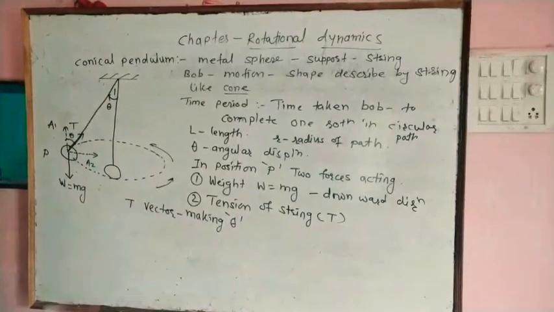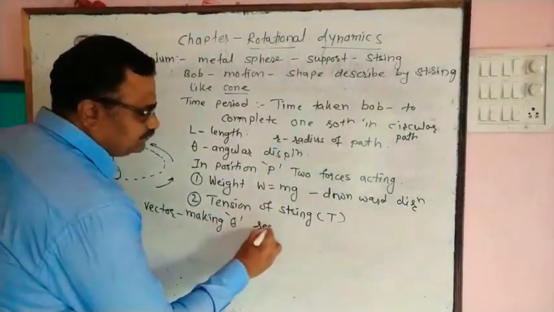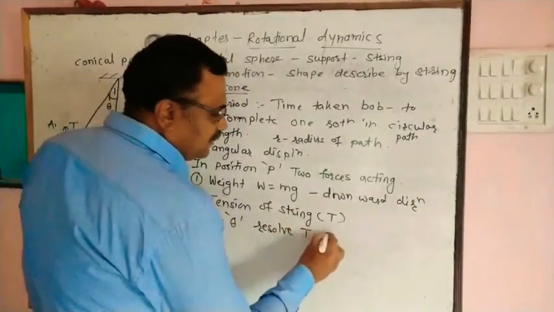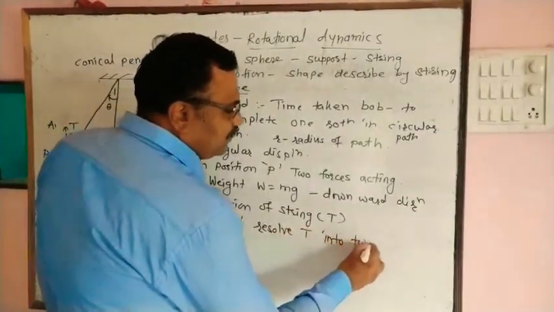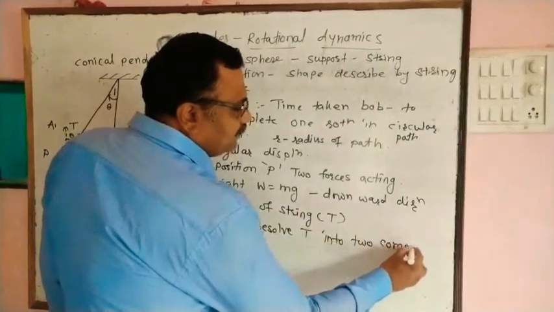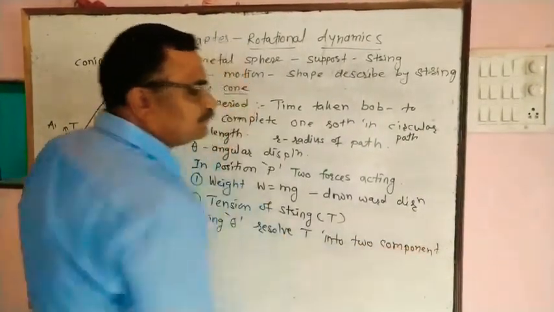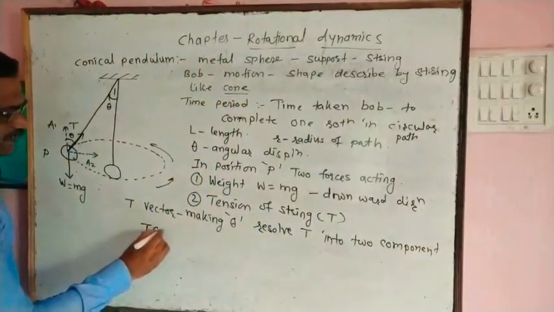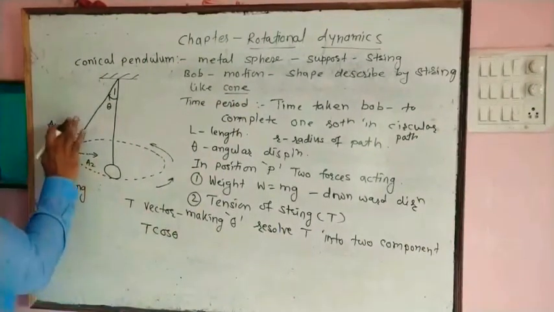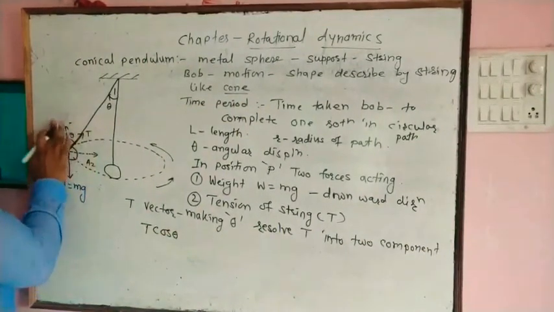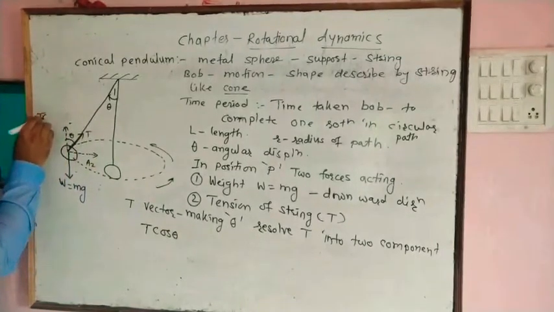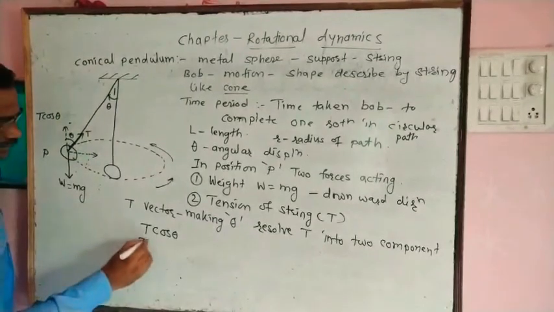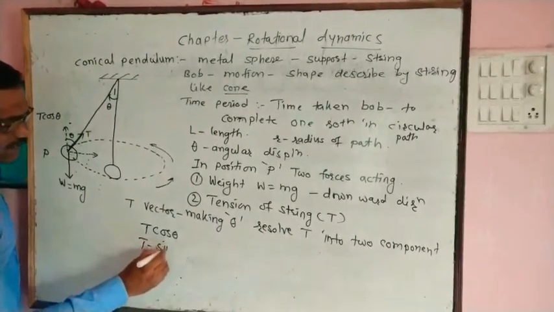Therefore we can resolve this tension of the string into two different components. First component is equal to T cos theta, and second component is equal to T sin theta.